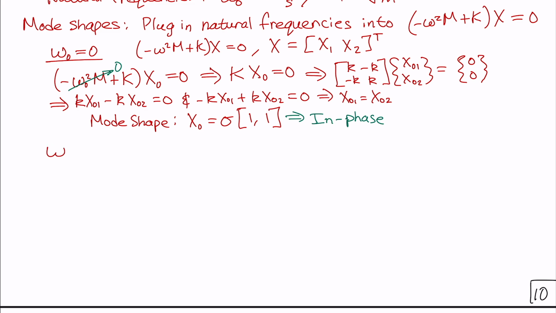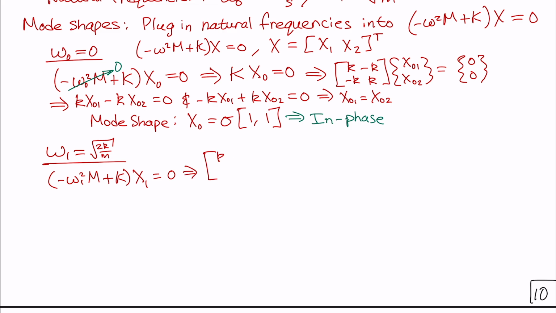Moving on to omega 1. Omega 1 is equal to the square root of 2k over m. We're going to substitute this in: minus omega 1 squared m plus k times an x1 in this case equal to 0.